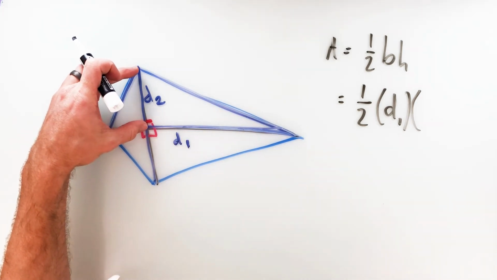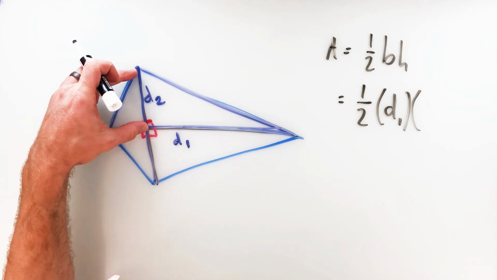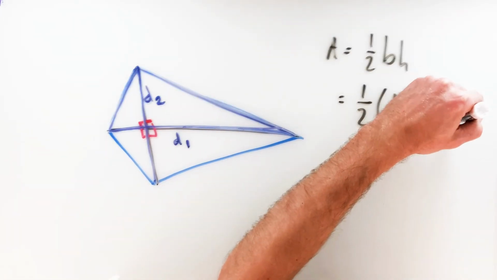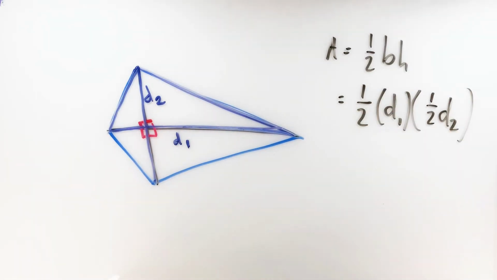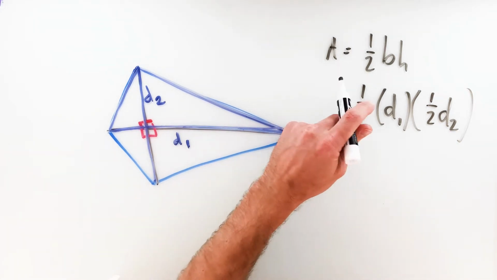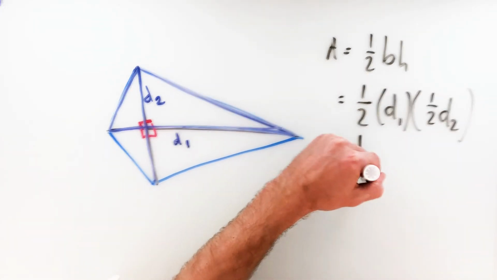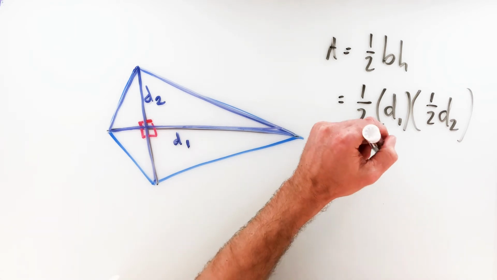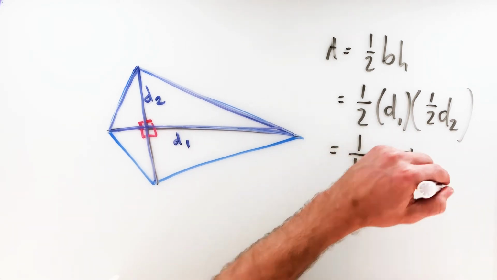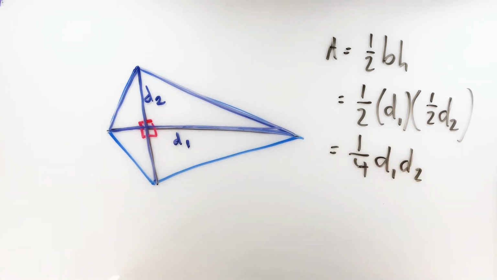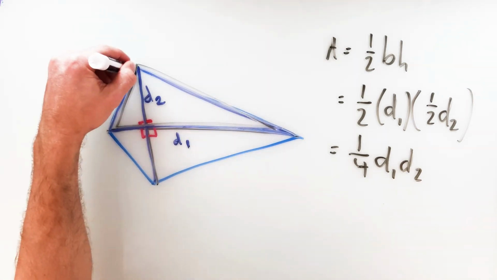So the height of this triangle up top is going to be half of diagonal 2. So I've got half diagonal 2. Cleaning this up, I'm going to multiply half times a half, which is 1 over 4. So I've got 1 over 4 times diagonal 1 times diagonal 2. Okay, so that's the area of this one right up top.